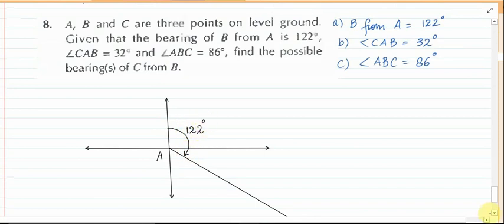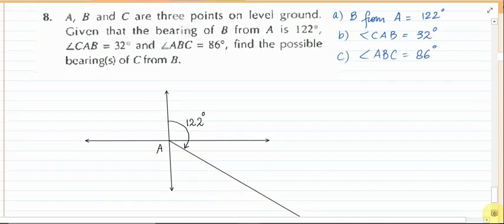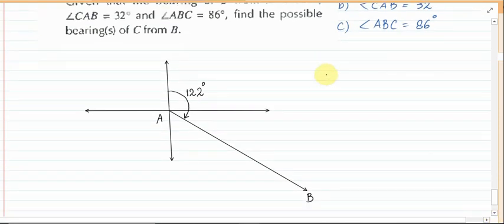After that it says CAB is 32, means that C is somewhere. So the angle at A will be 32, right? And ABC is 86. Now there are two ways you can draw point C, and both are correct. So there are two possibilities.